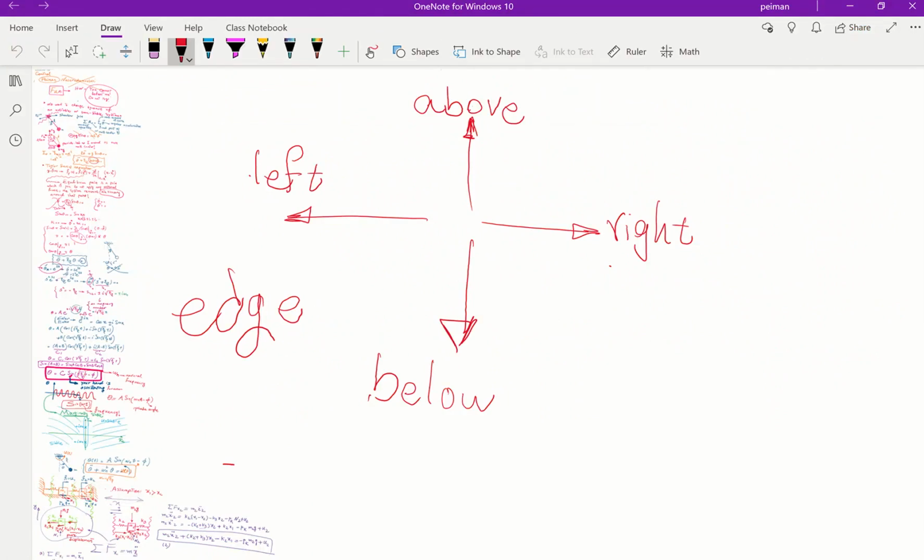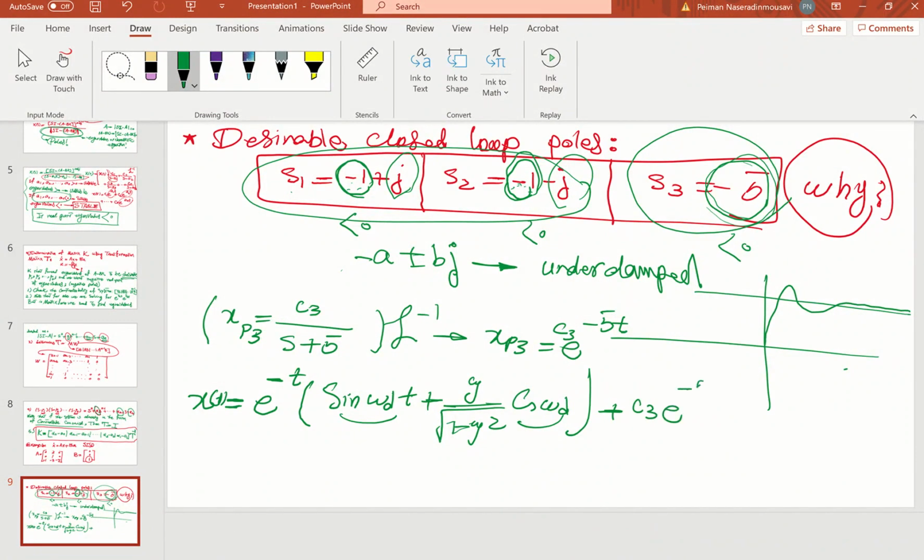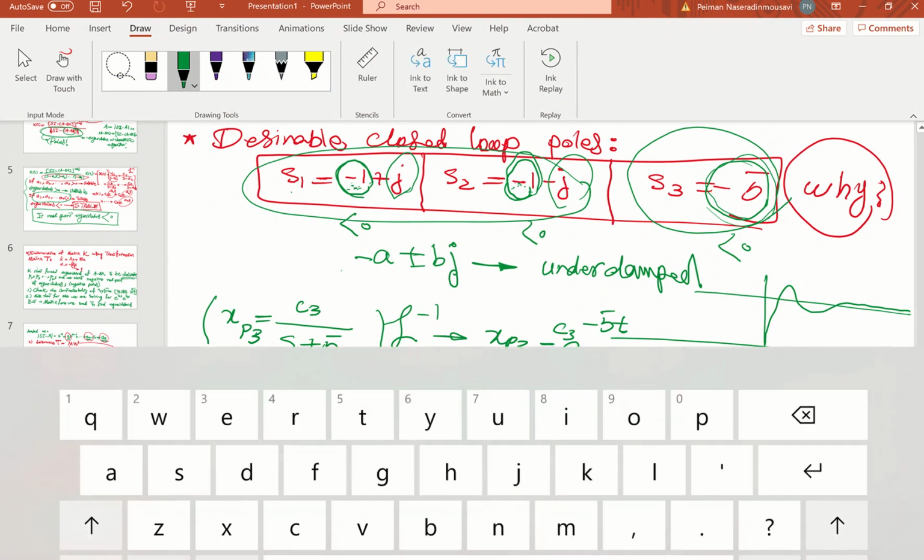These sine and cosine come from these imaginary parts, remember? Plus C3 e to the minus 5t. So these come from here and here. This 5 comes from here.